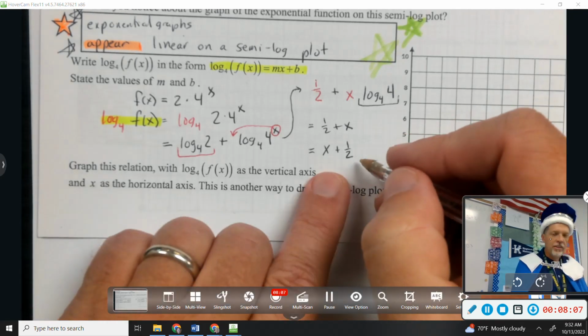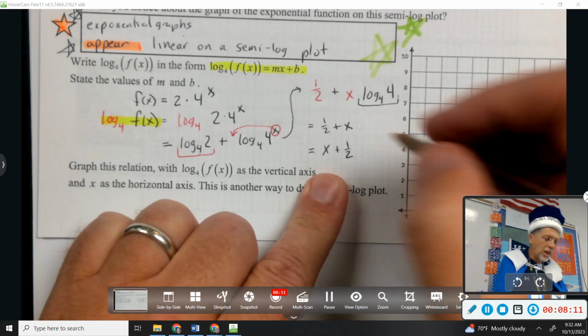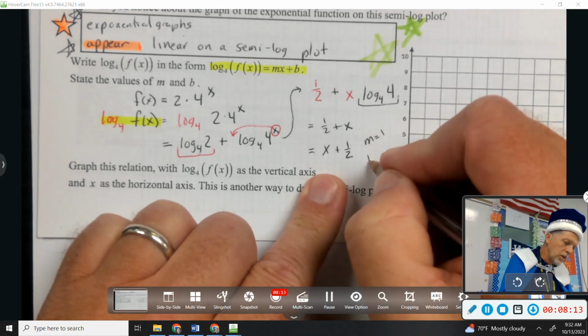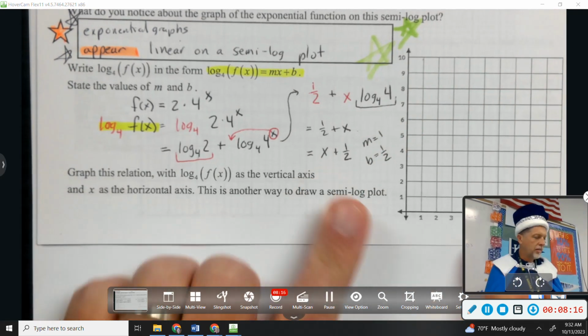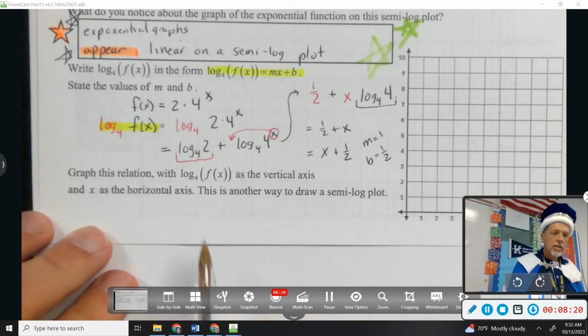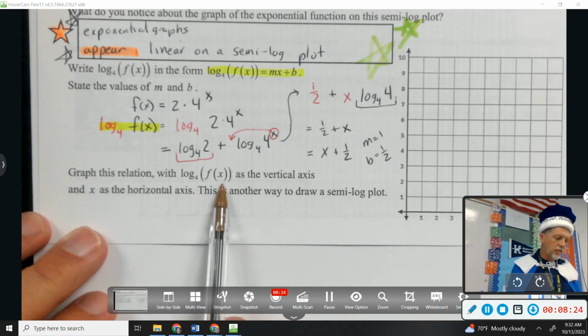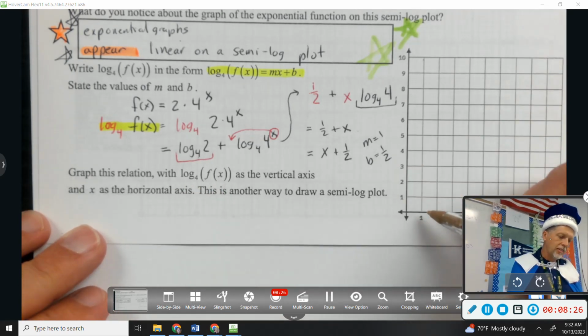And now we turned it into the algebra 1 equation, y equals mx plus b. So m is 1 and b is 1/2. Okay, graph this relation with log base 4 of f of x as the vertical axis.